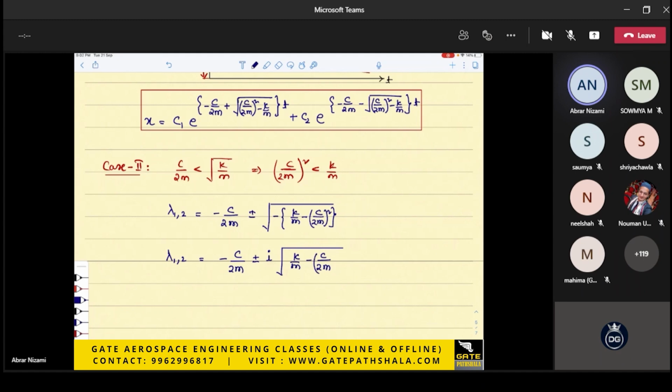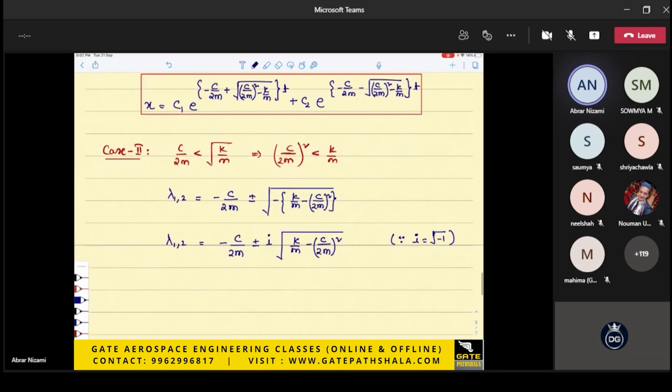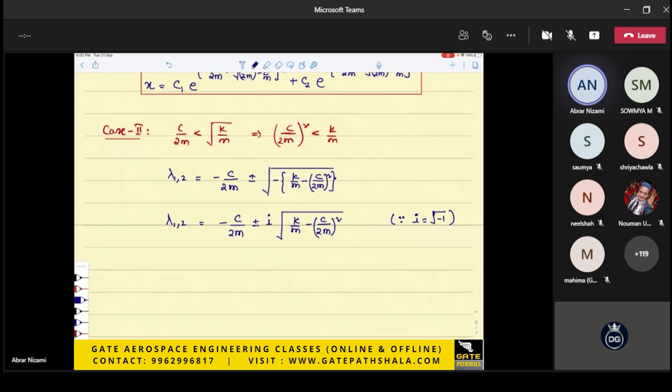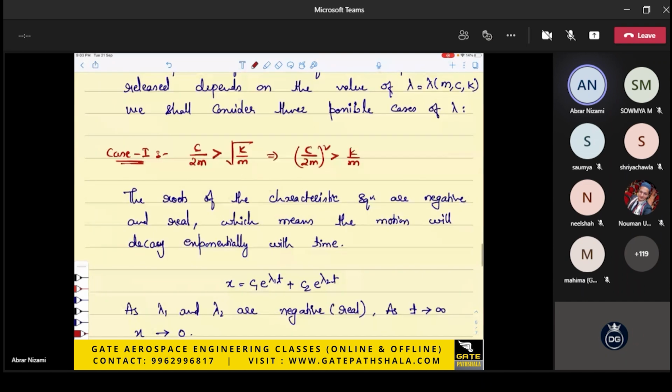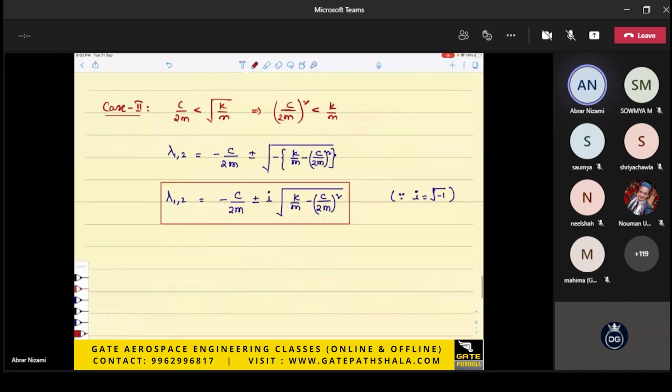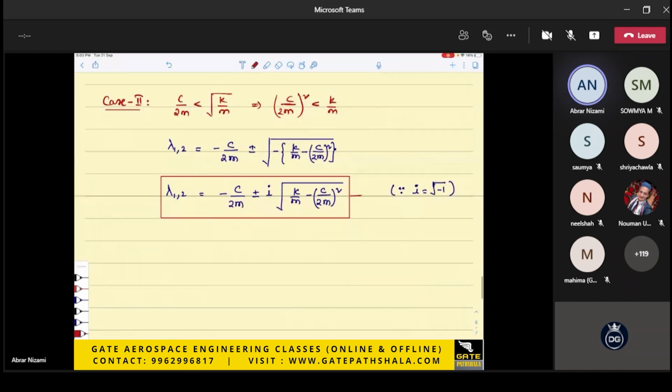You can write in bracket since i equals root of minus 1. Okay, bracket this, call it equation number 5.